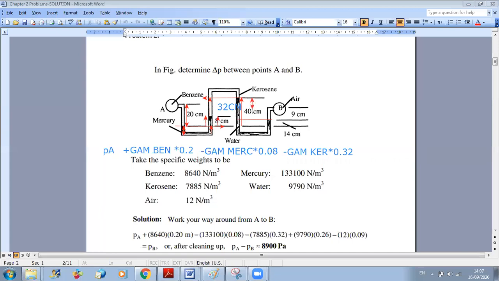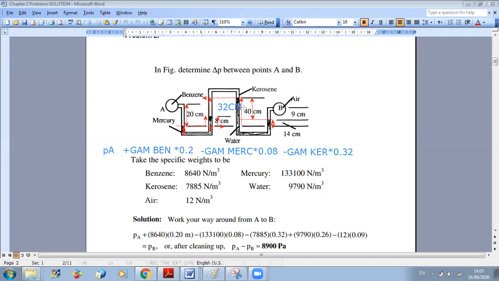In order to determine this length, I'm going down a distance of, I have that the height here is 40, and I have that the height here is 14 centimeters.